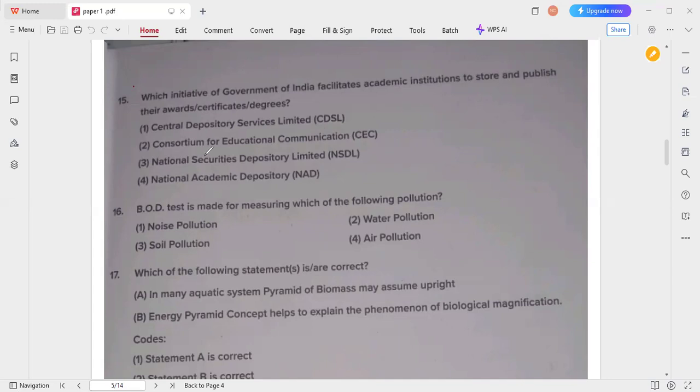That is National Academic Depository, that is NAD. Option 4 is the correct answer. Next, BOD, that is biological oxygen demand test, is made for measuring which of the following? This is especially for water pollution. In water, to measure the pollution, we use this BOD test. So option 2 is the correct answer.